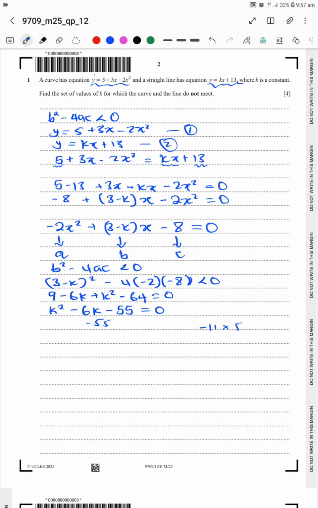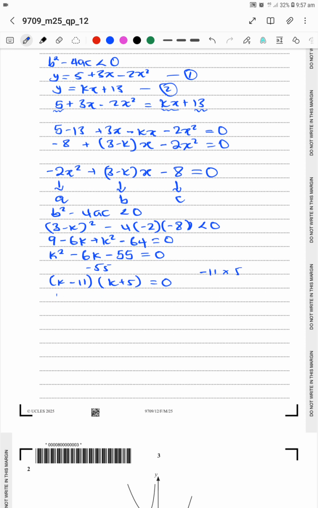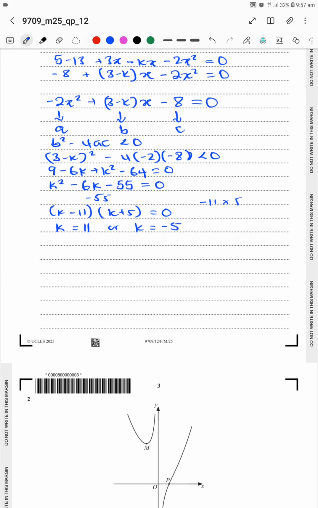Hence, we can open two brackets and say k minus 11 multiplied by k plus 5, and this is equal to 0. So k is equal to 11, or k is equal to negative 5. And as I said earlier, these two points are just the critical points. They are not the answer to our question.